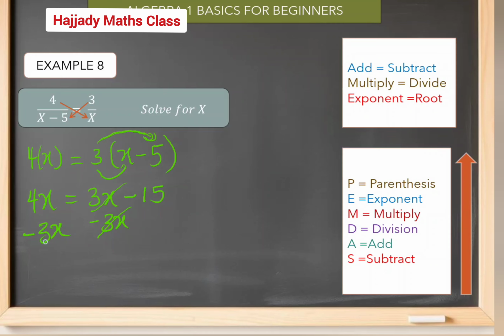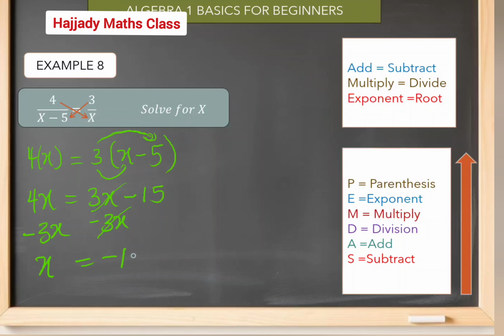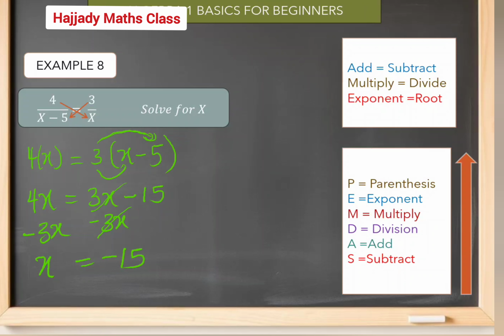So here we have 4x minus 3x, which gives x equals negative 15. So this is where we're going to stop. For you to confirm all the answers, you can plug the value of x back into the equation, and you will see that they are accurately the same.